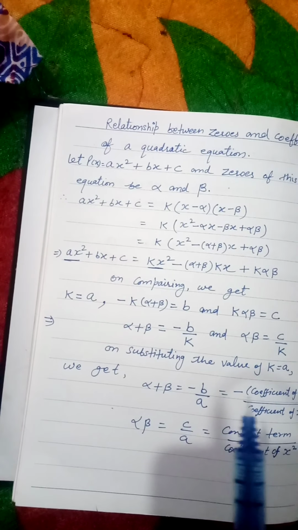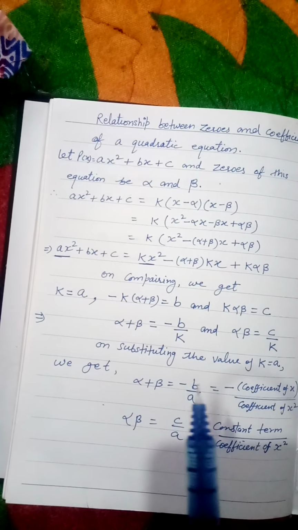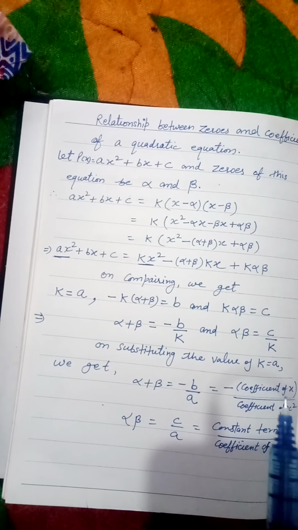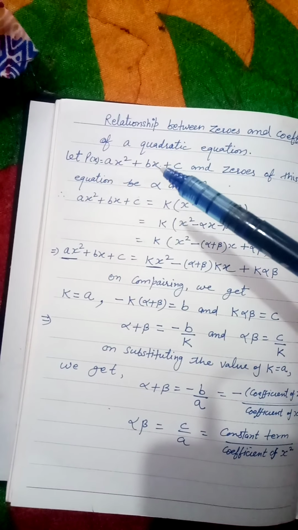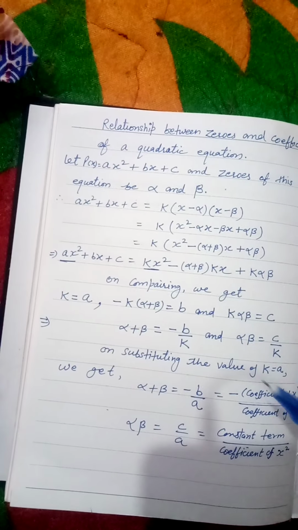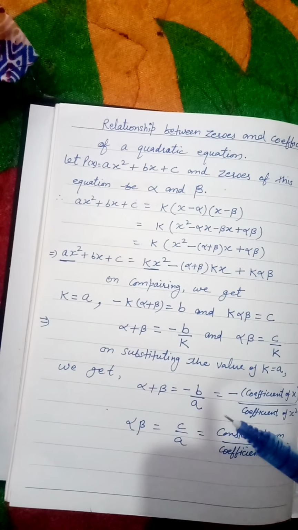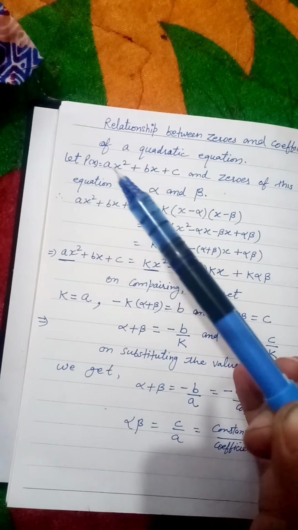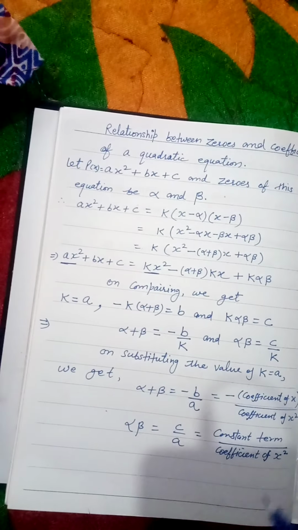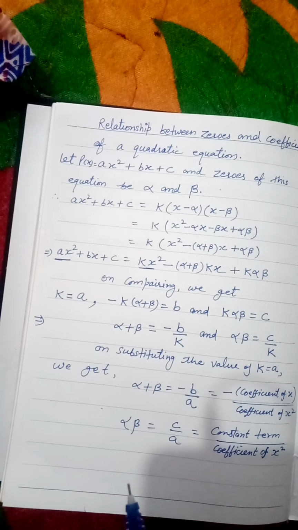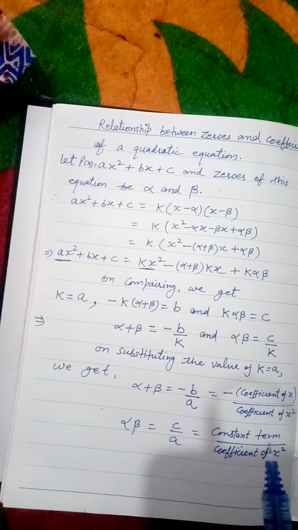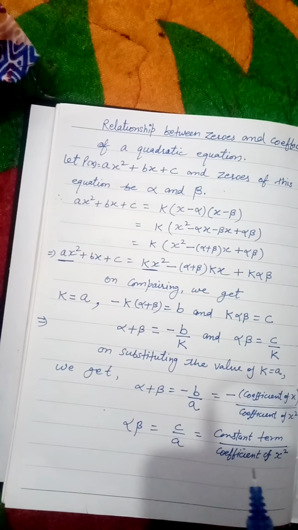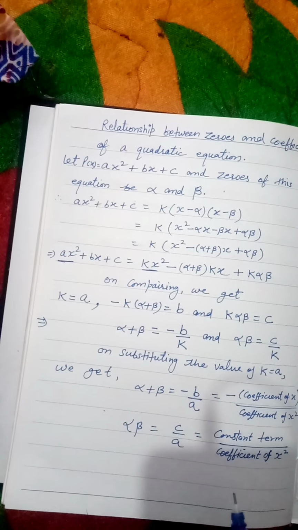What is b? b is the coefficient of x, so it is minus coefficient of x upon a. What is a? a is the coefficient of x square. And alpha beta equal to c by a. What is c? c is the constant term, and a is the coefficient of x square.